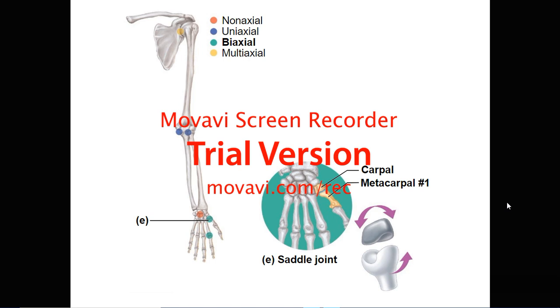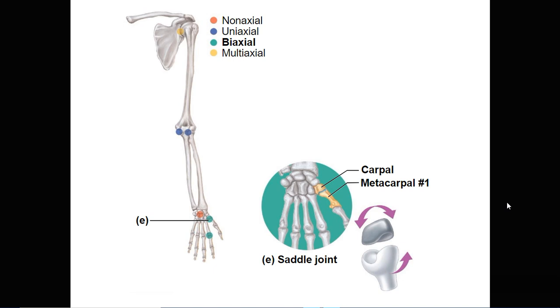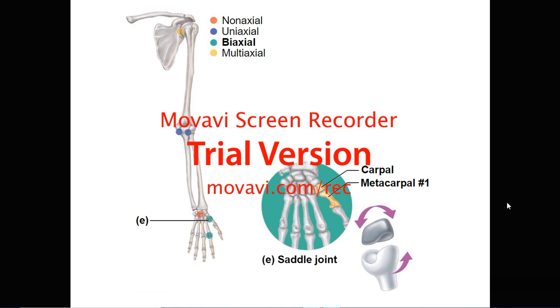On the last slide, I said sideways movement. I should have used the scientific terms and said adduction and abduction. We're going to talk more about what those mean. The two movements for this saddle joint are flexion and extension, and adduction and abduction.